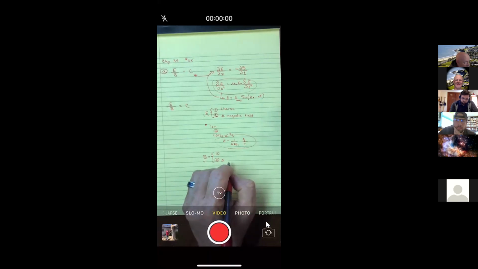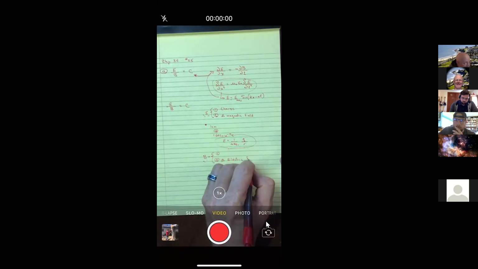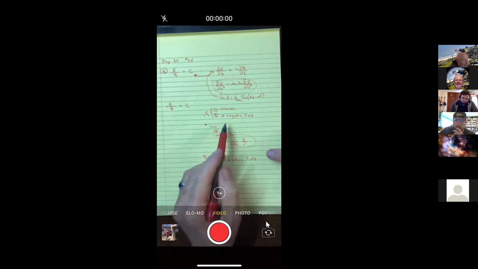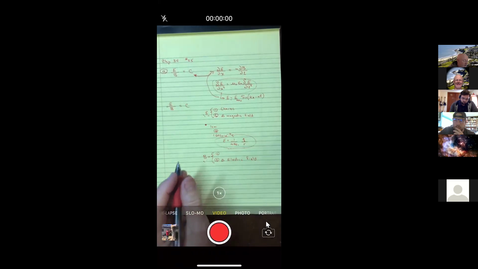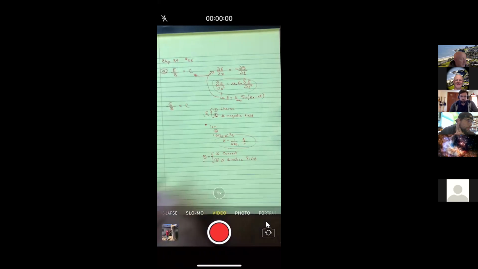So I want to emphasize that there is a mathematical connection between the electric and the magnetic field, but only in the case where these things are created from the changing, not these other cases.